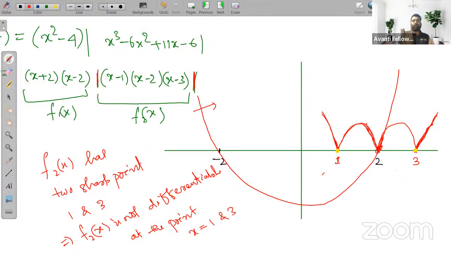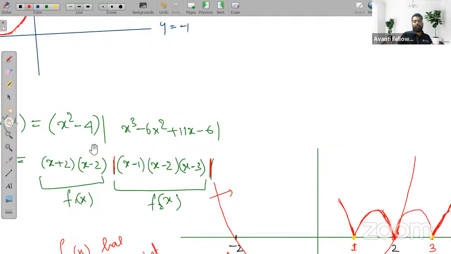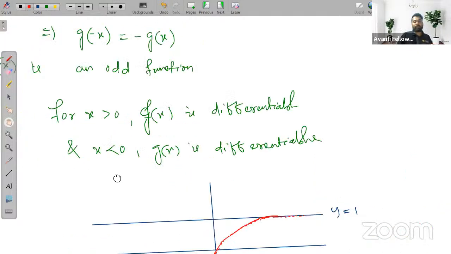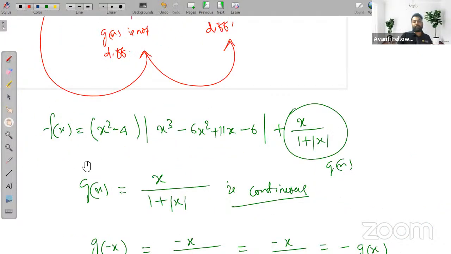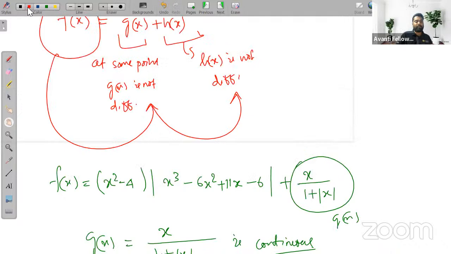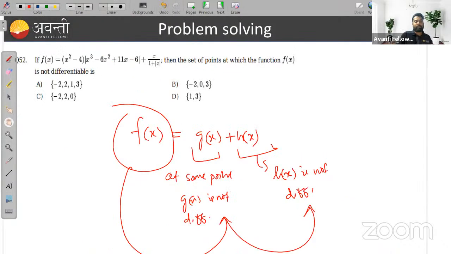Similarly, at all other points the function is differentiable. Only the first one is differentiable everywhere, but the other is not differentiable at the points 1 and 3.